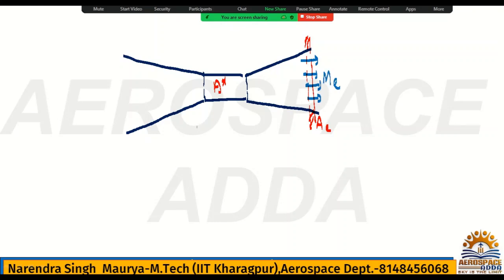What is the M star here? Obviously M star will be 1. Now I am interested in writing this in terms of exit Mach number, so what will be the formula?